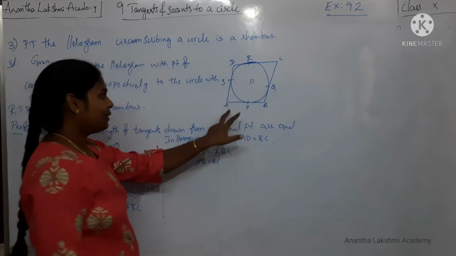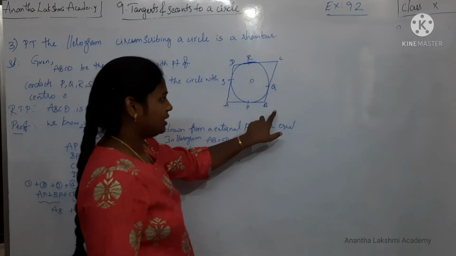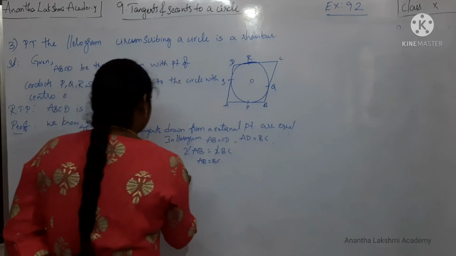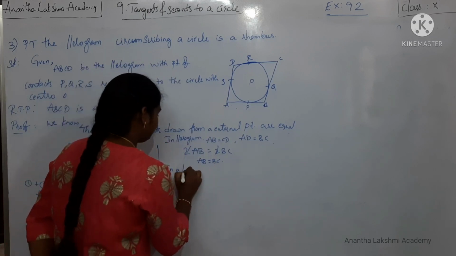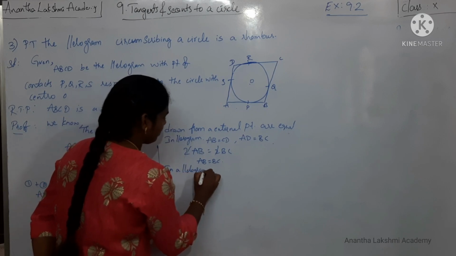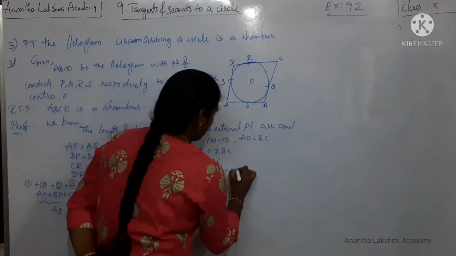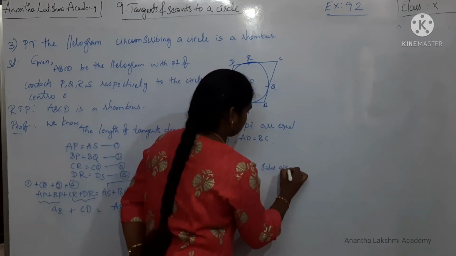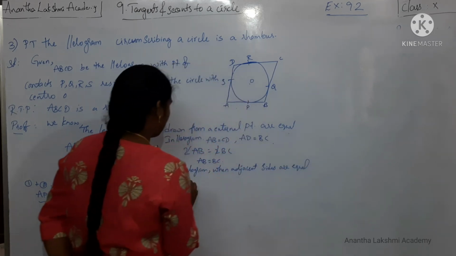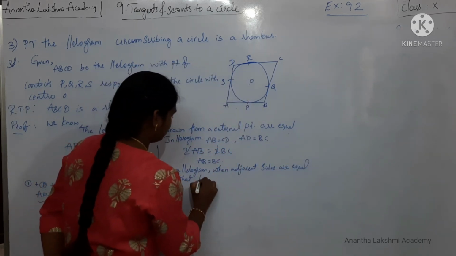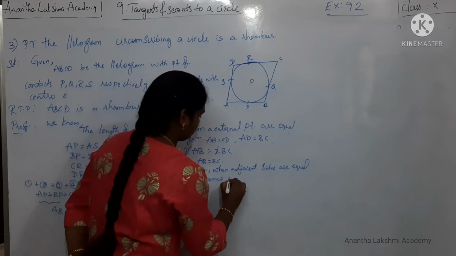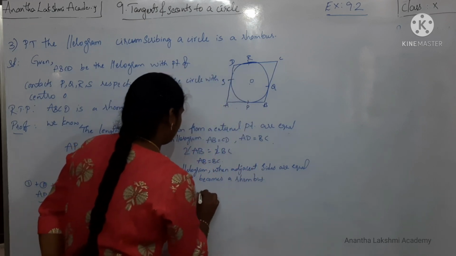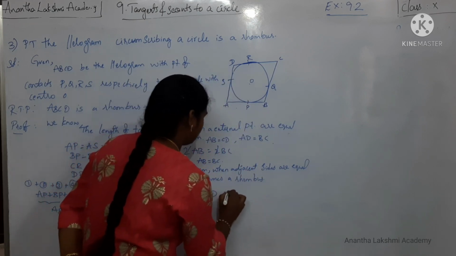In a parallelogram, when the adjacent sides are equal, that becomes a rhombus. Therefore, ABCD is a rhombus.